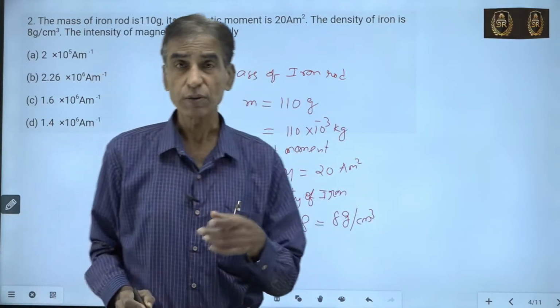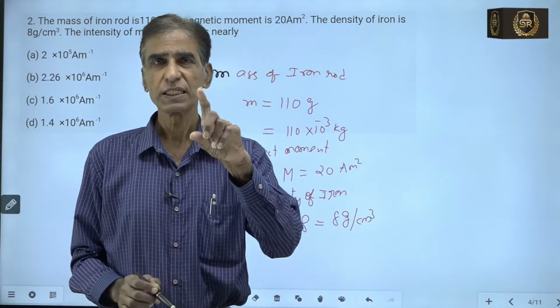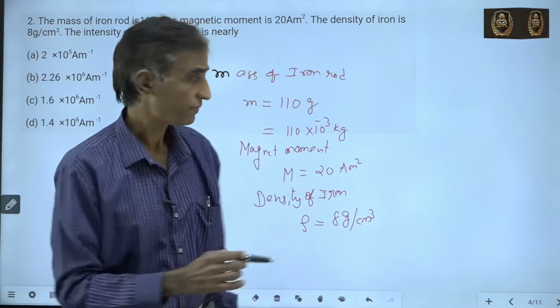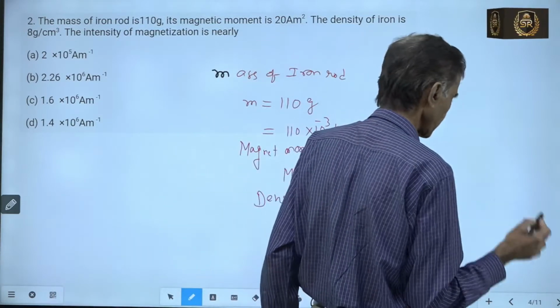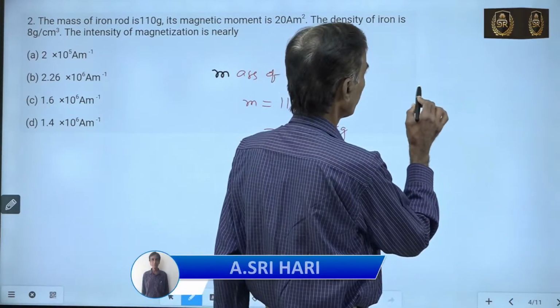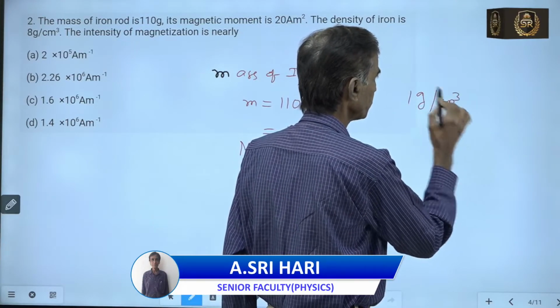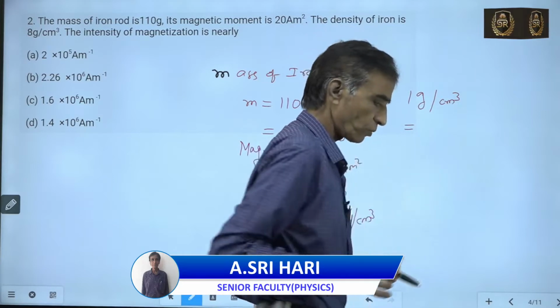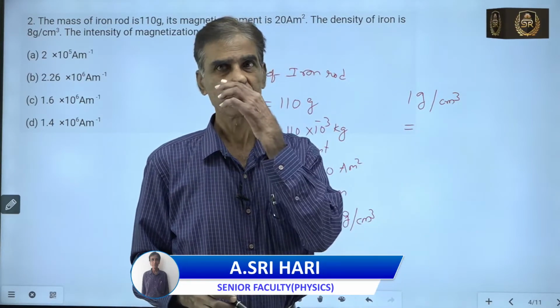Right? But 1 gram per cc or centimeter cube is how many kg per meter cube? For that, you can see this conversion. If you are not able to do it, hereafter you remember. 1 gram per cm cube equal to 1 gram is how many kilogram? 1 by 1000 kilogram, isn't it?